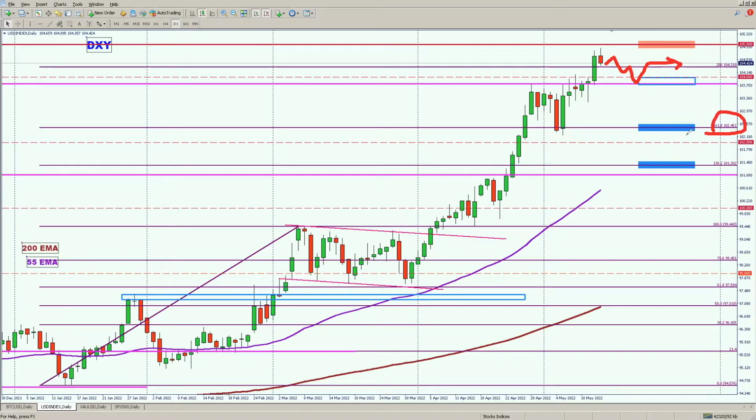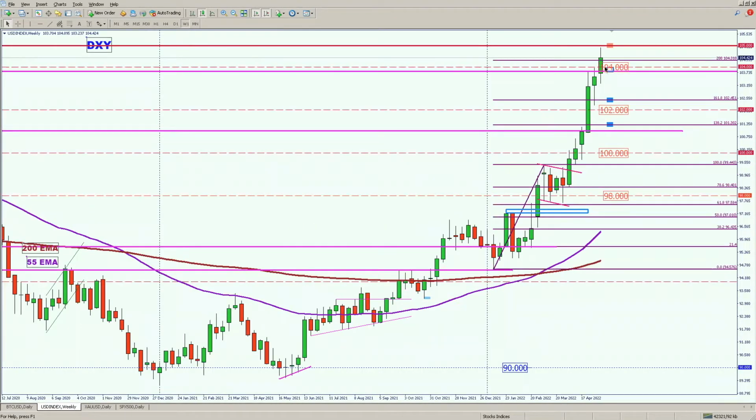Okay, and there's only minor news for the US economy this coming week. So for now, there's no major trigger. Okay, let's take a look on the weekly time frame. Yes, it's still a bullish close with a large body of a spinning top here.